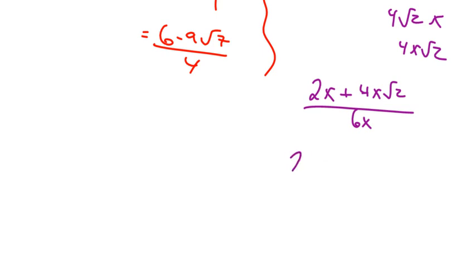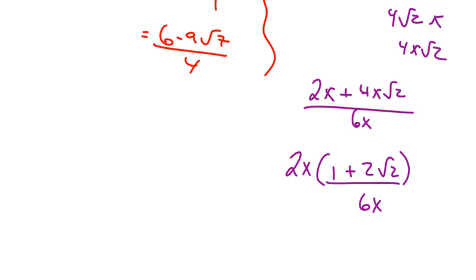So I'm going to factor out a 2x. So 2x times 1 is 2x. And then 2x times what gives me back this? Well, it's going to be just 2 radical 2. 2x times 2 is 4x, and then I get my radical 2 right there. And that's all over 6x, right?